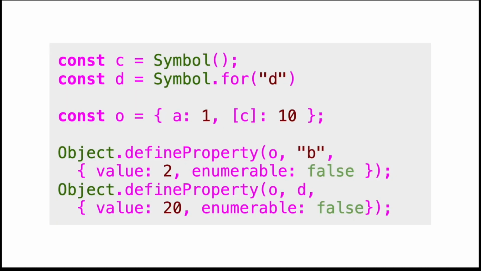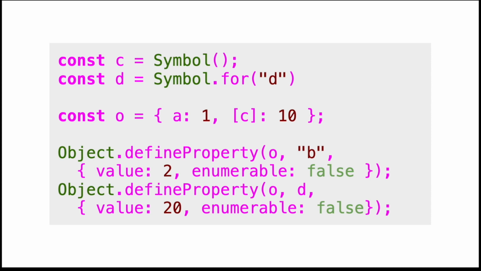This is the object we will be working with in the next section, so it's important to understand it. I create two symbols, C and D. Great naming. The other one is using a different syntax, just so we know which one is which, but it can be just Symbol. That doesn't matter. Then I create an object which has property name A with value 1 and symbol C with value 10.